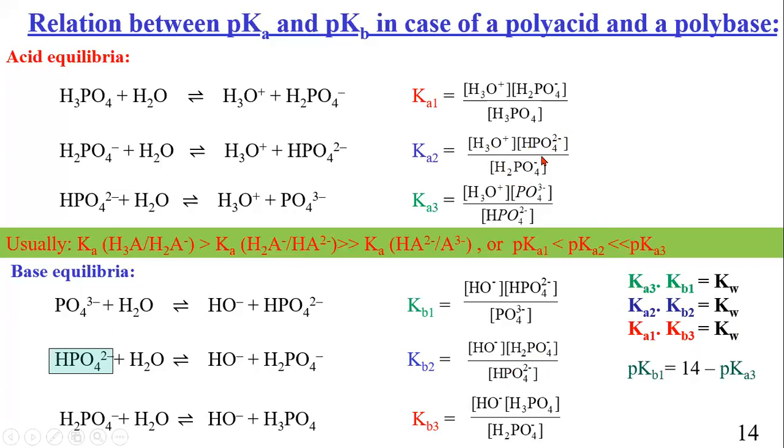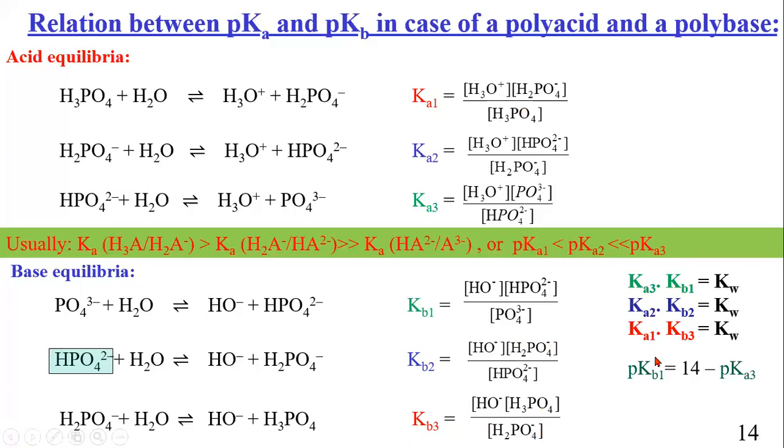Only, one on top of the other. So in the case of Ka2, they happen to be the same. Kb3, which Ka value do I choose? Again, look at the couple, H3PO4 with H2PO4. Yep, that's Ka1, all right. H3PO4 with H2PO4 minus.